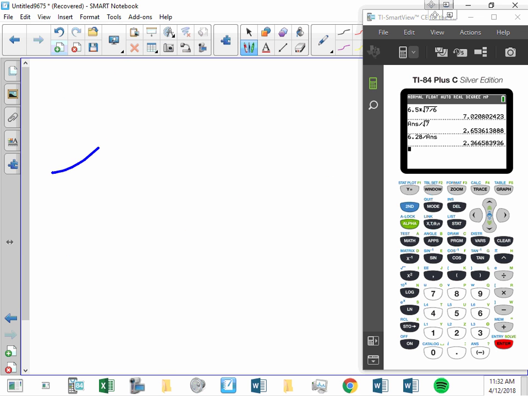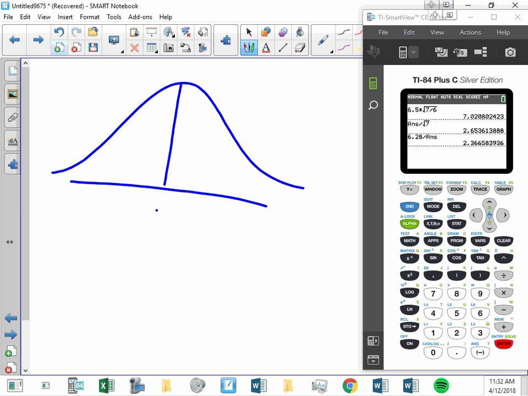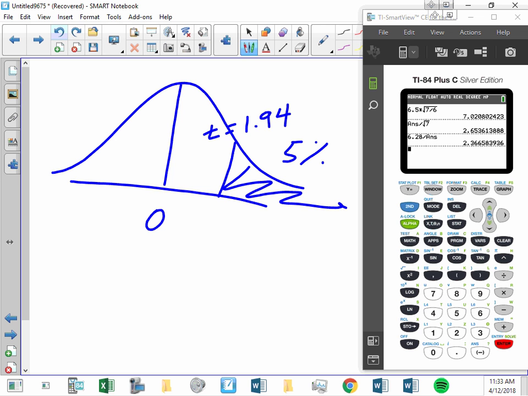Okay, so let me draw this again. 0. Okay. The t-table with 6 degrees of freedom says the cutoff for 5% is t equals 1.94. Okay.